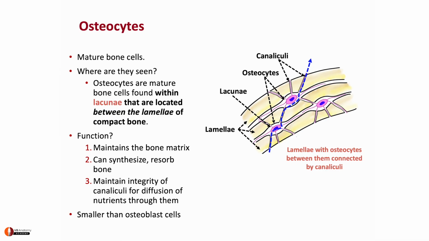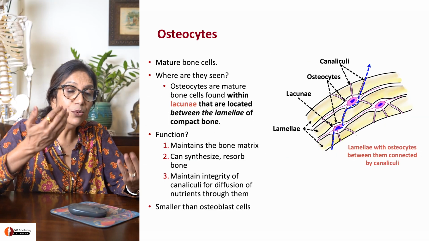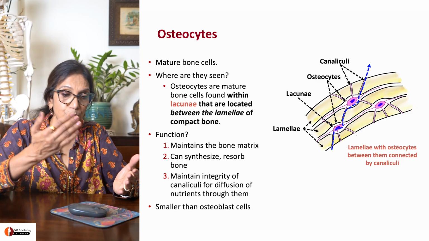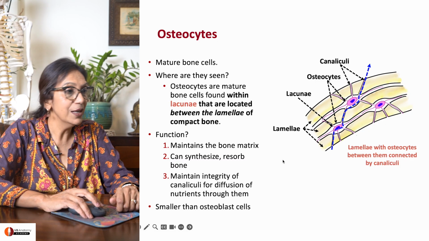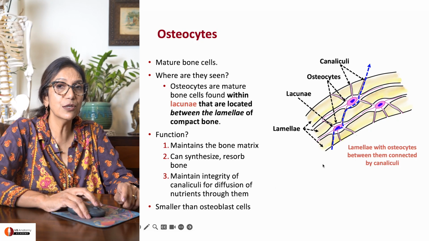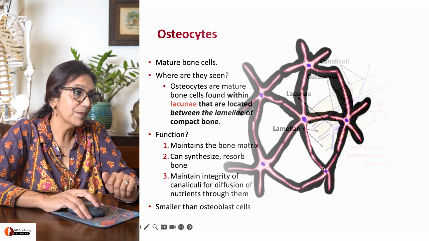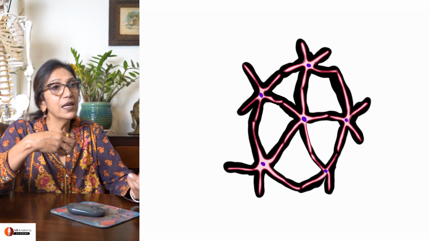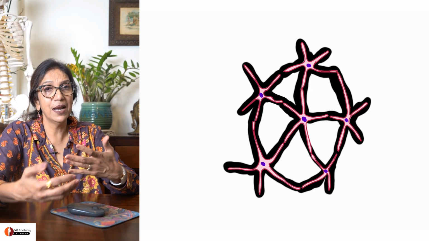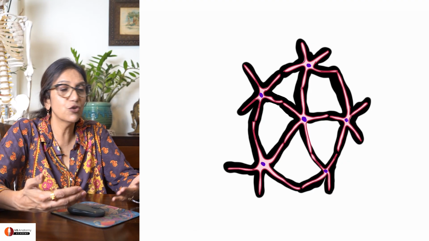It's bone, right? It's hard tissue. How nourishment is going to pass through is a very important part of the existence of the bone. So understanding this concept is crucial. What do osteocytes do? They maintain bone, they resorb and help maintain the structure of the bone.